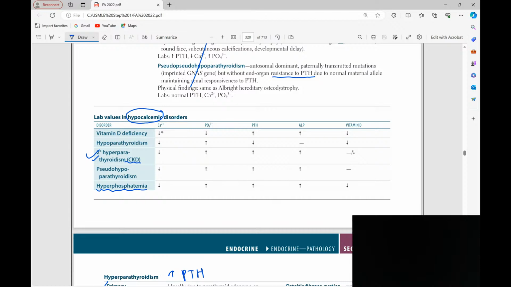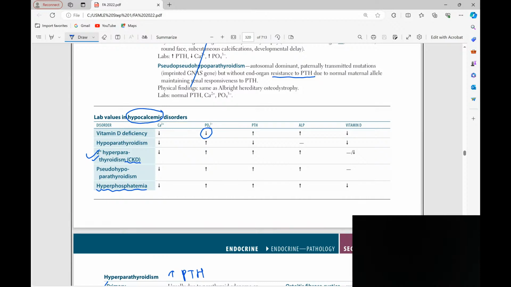But we have to remember mainly that with calcium decrease everywhere there is an increase of phosphate, except in vitamin D deficiency, where, as we have seen, there is a decrease in phosphate.